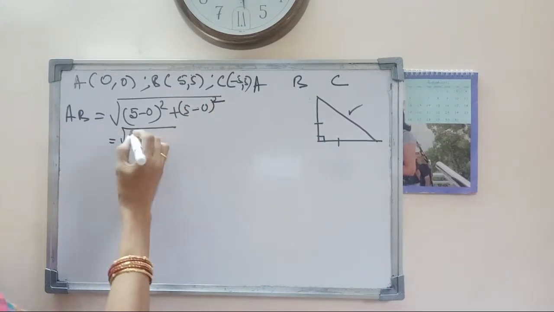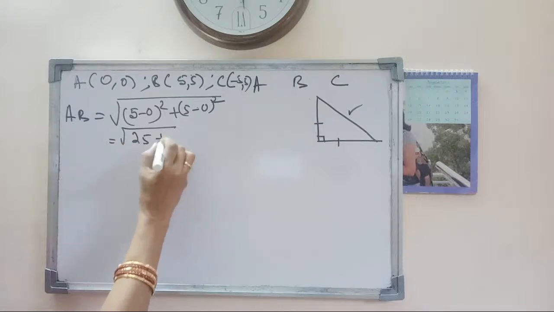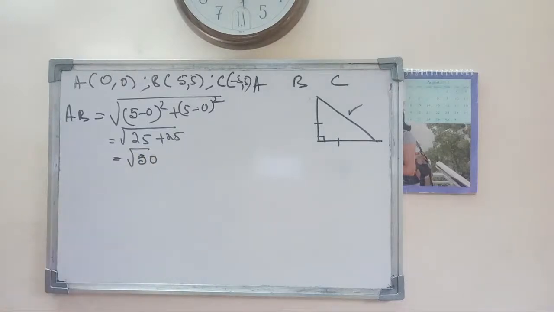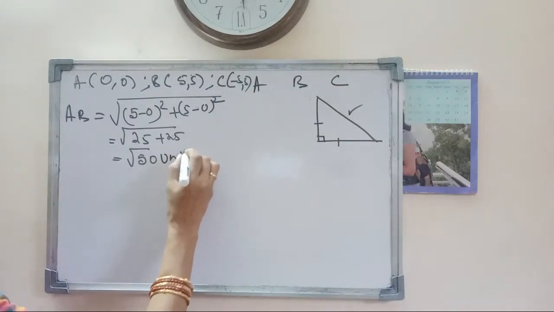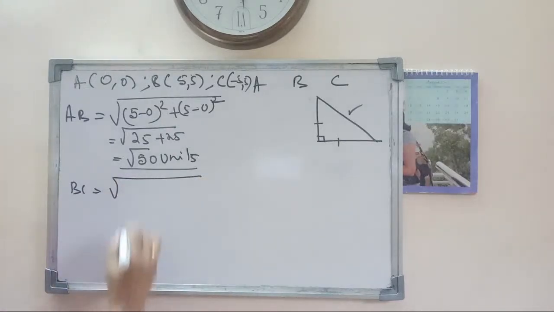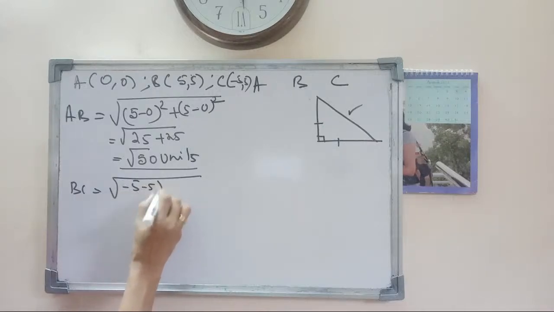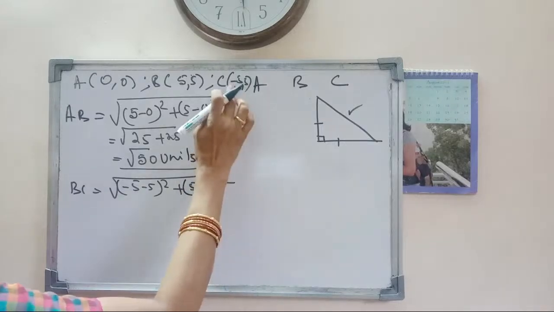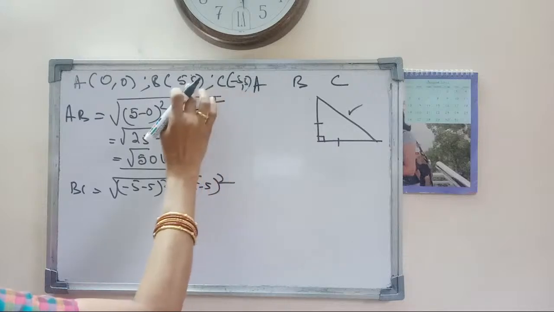You will get root of 25 plus 25, which is root 50. Root 50 in simplest form is 5 root 2 units. This is one of the sides. Next, after AB we take BC. It is root of (minus 5 minus 5) whole square plus (5 minus 5) whole square, x2 minus x1, y2 minus y1.